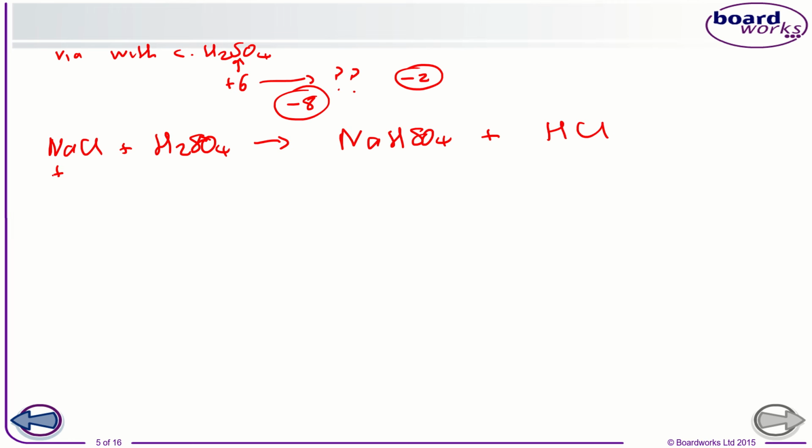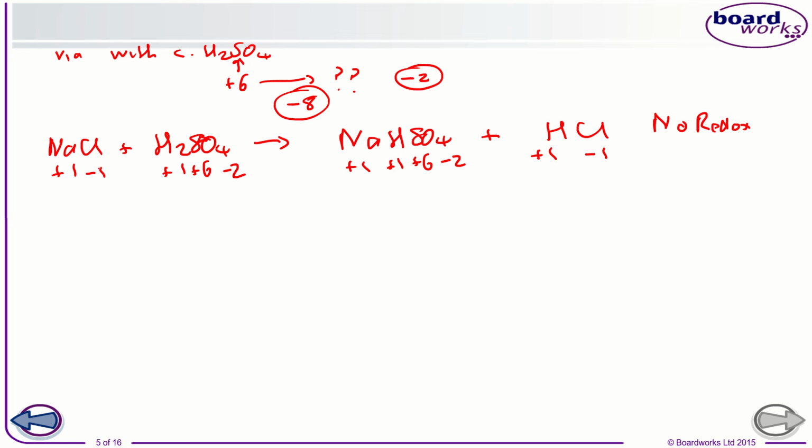Now if we do all of our oxidation numbers the whole way across there, and hopefully you're following me when I'm doing these and know where they're coming from. +1 for the hydrogen, -1. And if you look at that, there is no redox happening in that reaction at all.